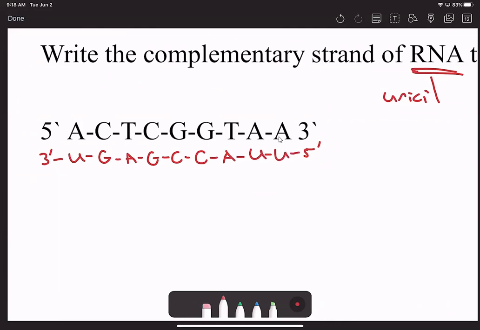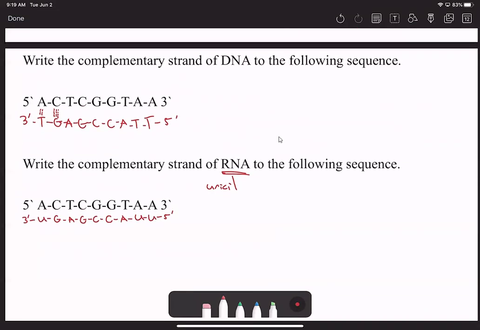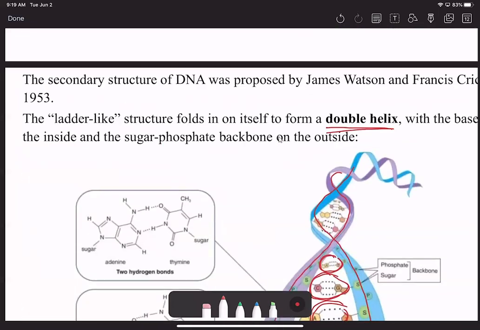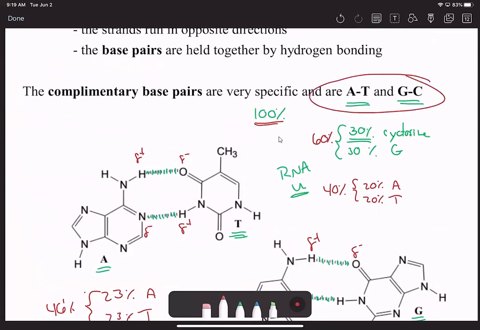And now we have a complementary RNA strand. Right. So that's how we would do our complementary RNA or DNA strands, knowing this specific pairing, complementary base pairs that happen between these bases here.